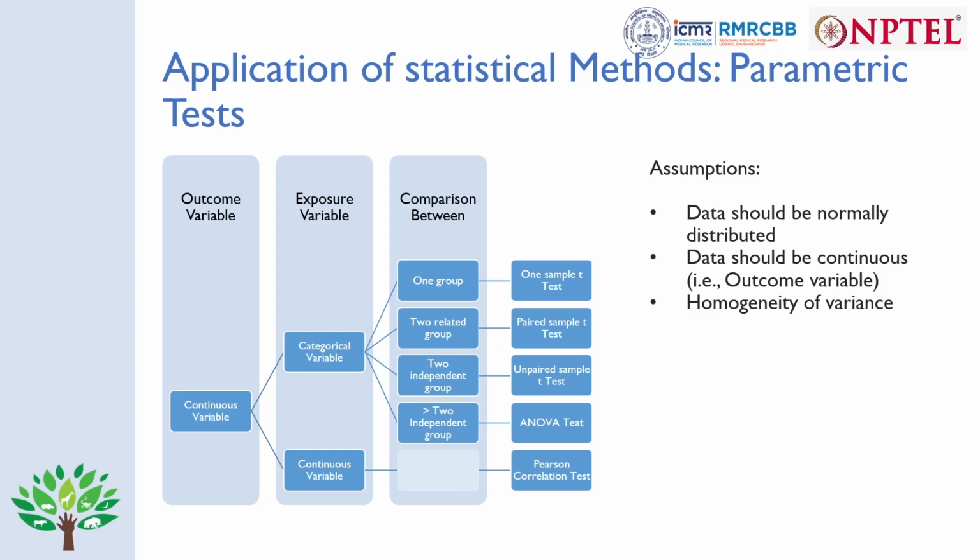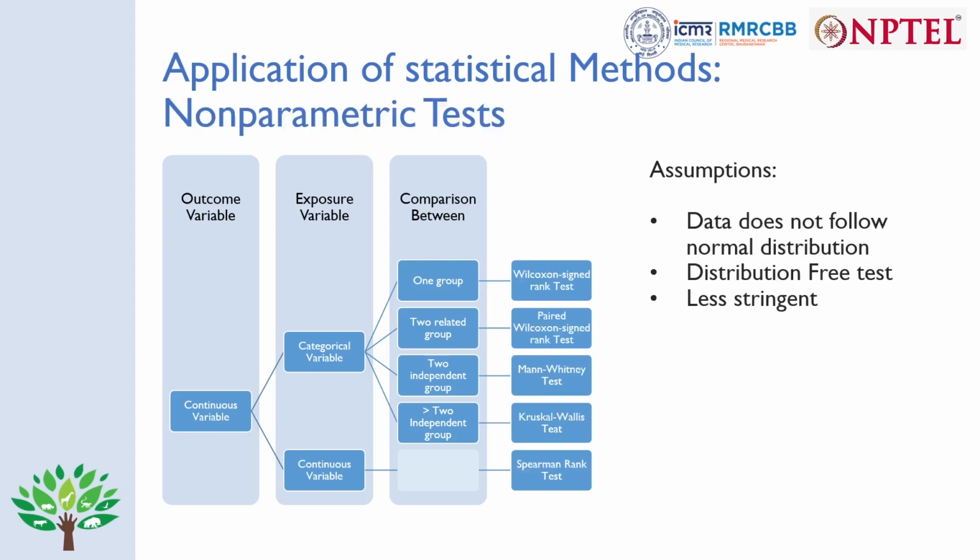If the exposure variable is also continuous and the outcome variable is continuous, we can use the Pearson correlation test. All of these are parametric tests, and we are assuming that the data is normally distributed, the outcome variable is continuous, and there is homogeneity of variance.